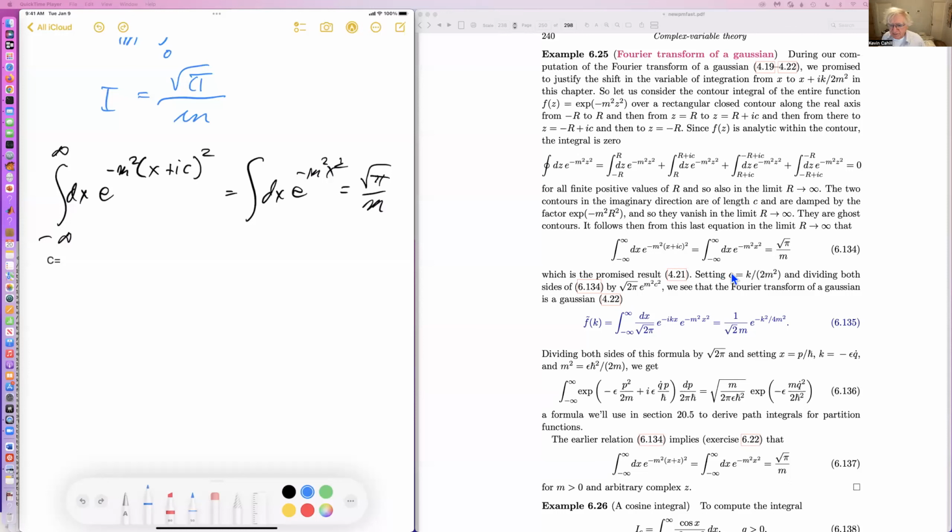Anyhow, so I'm going to just use the text then for a while. We just set C equal to K over 2m squared in this expression. And what we get is this expression, namely that the integral over square root of 2 pi e to the minus i k x e to the minus m squared x squared turns out we can rewrite as 1 over square root of 2m e to the minus k squared over m squared.